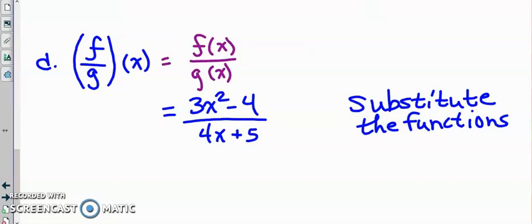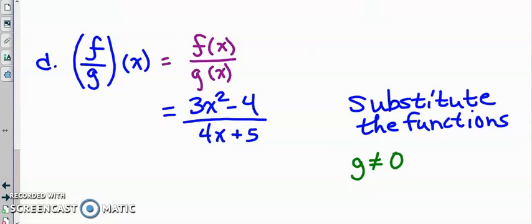All right, so here, since we can't break anything apart, now we move into figuring out what is our domain, what x cannot equal. So we said that g of x cannot equal 0.